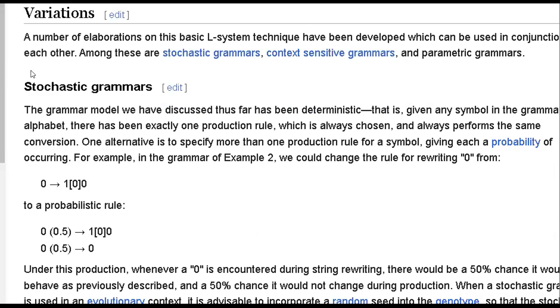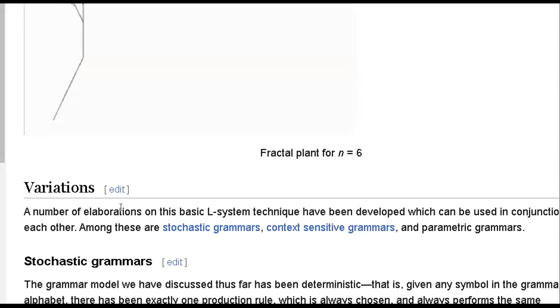We won't discuss it now, but it is better to include the probability part, because in nature we see different structures; they are not all the same.